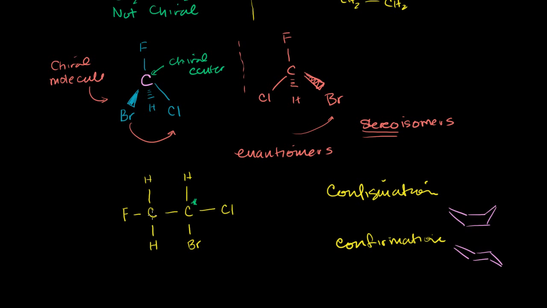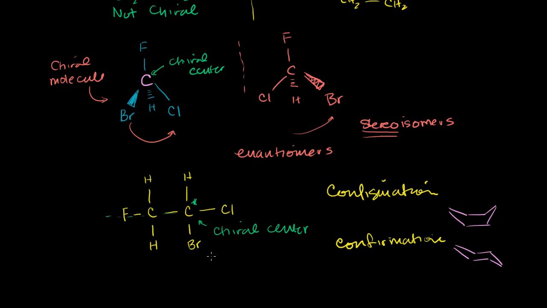But if we look at this carbon right here, well, it's bonded to a fluorine, another carbon, but it's bonded to 2 hydrogens. So it's not chiral. It has 2 of the same things that it's bonded to. And you can even see a little axis of symmetry through it. If you look at that, you can flip it over, and it's going to be the same thing. But this one right here, that is a chiral center.